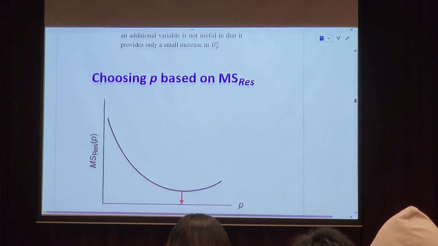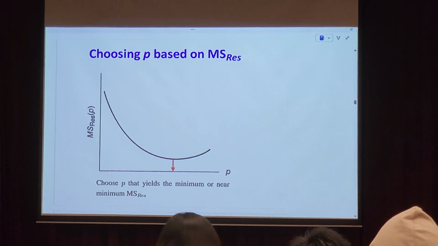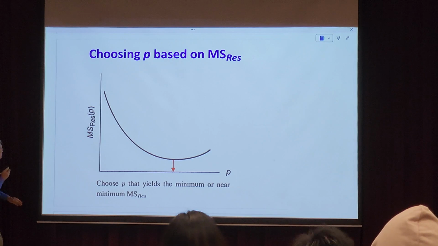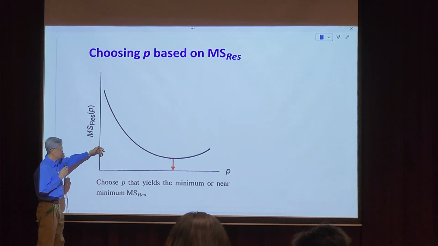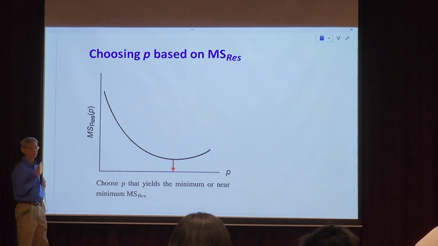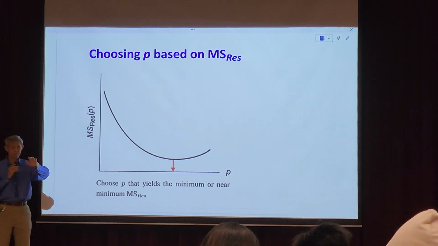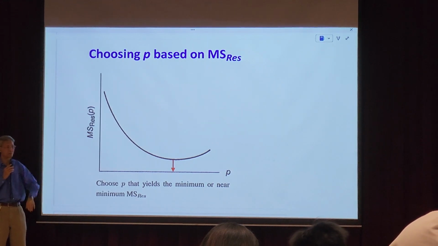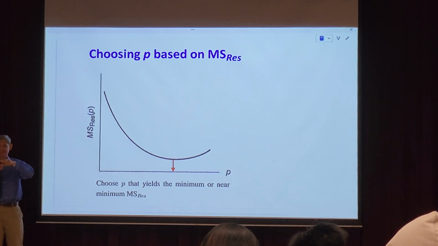Alright. How about if I were to choose P based on mean square residue? Well, mean square residue actually will decrease as the number of regressors goes up. In fact, if you specify enough regressor variables, you can have a perfectly fitted line.